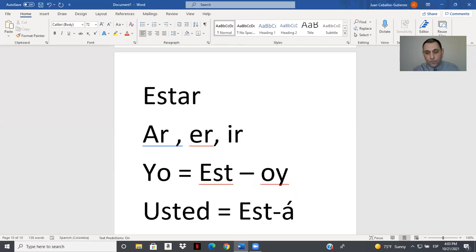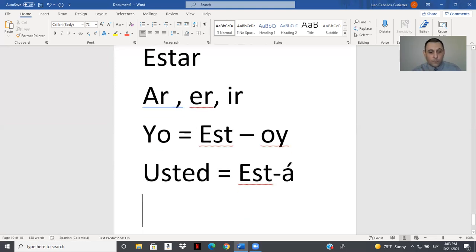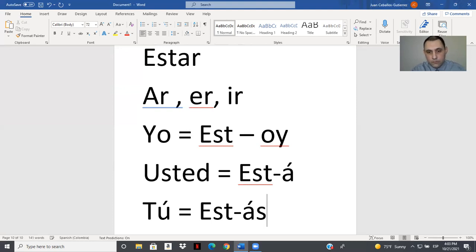Now, how do you conjugate the verb in the second person informal? Try to think about it. You drop the AR and change it for AS. So it will be estás. Tú estás.